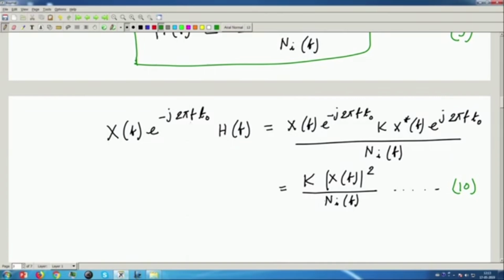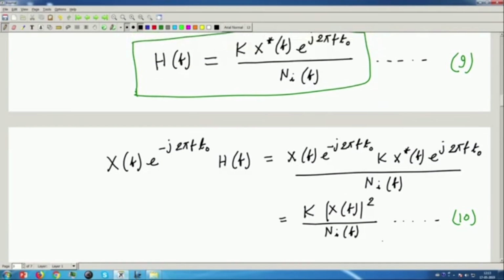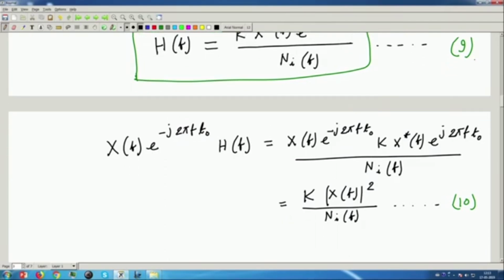Actually, equation 9 and equation 10 are two alternative presentations. We will be using that later, that is why I derived that, otherwise there is nothing new in that. From equation 9 we know the transfer function, so we can also find the impulse response.